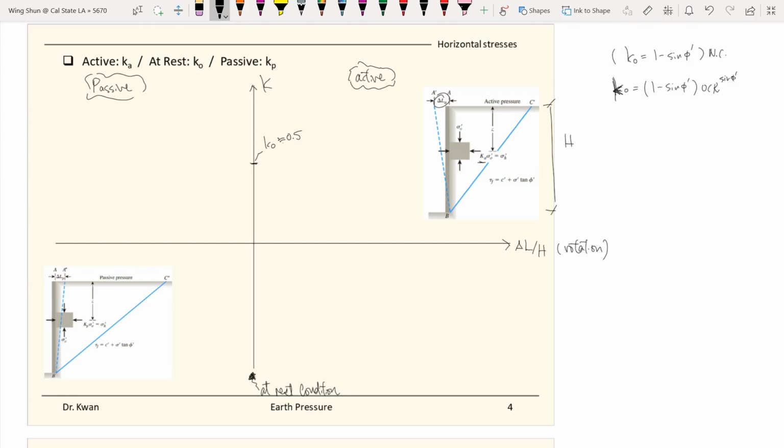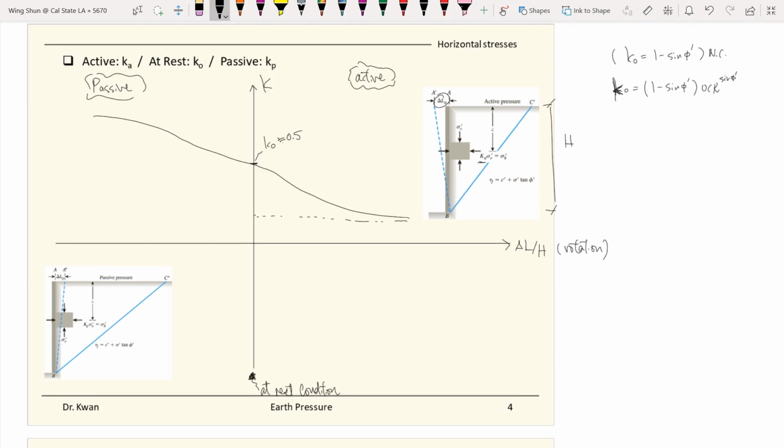But the overall trend, as you could expect: if you are in active conditions, the more you move away from the soil, the gap between your wall and the soil means you are mobilizing more and more backfill soil, so you expect the lateral stress to decrease. Because you allow your system to relax, as the displacements or the rotations become larger and larger, the Ka value will become smaller and smaller.